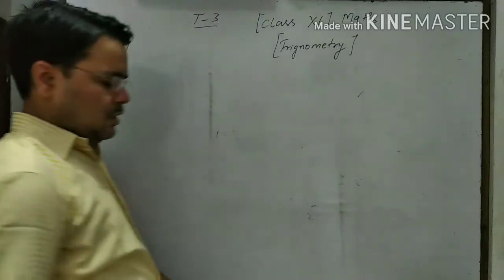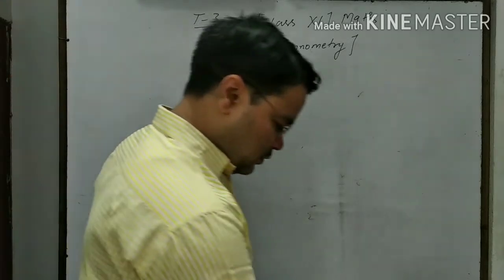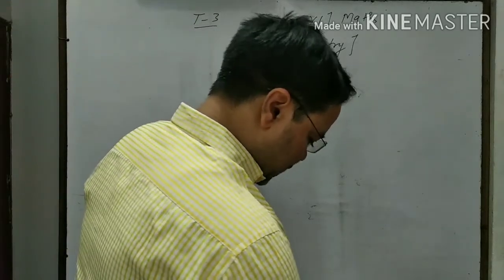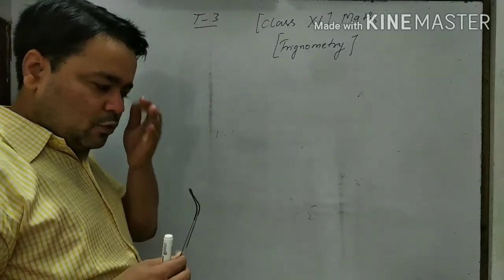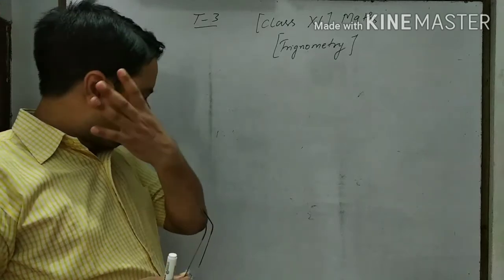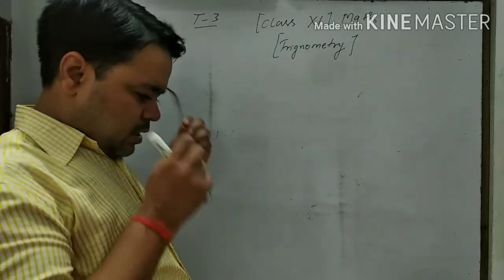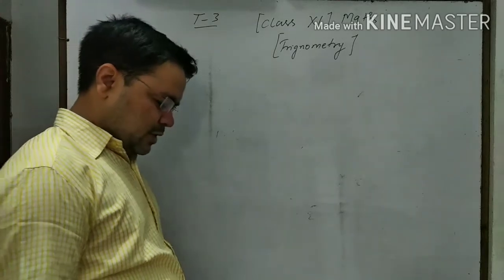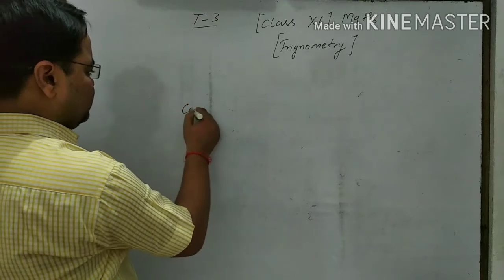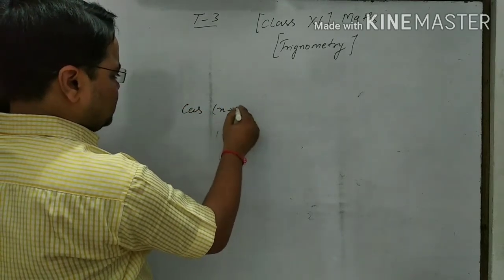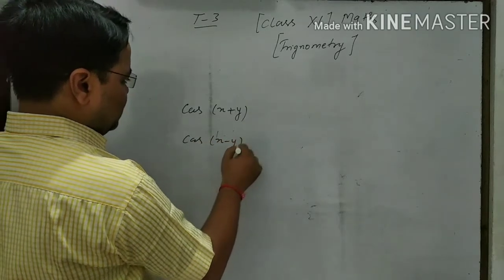There are two formulas which are very important, and the proof is not in our syllabus. If you want to see the proof, you can take help of the book. But here I am going to write only the formulas, that is cos(x plus y) and cos(x minus y).